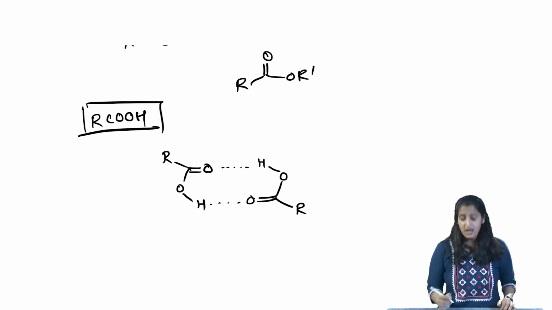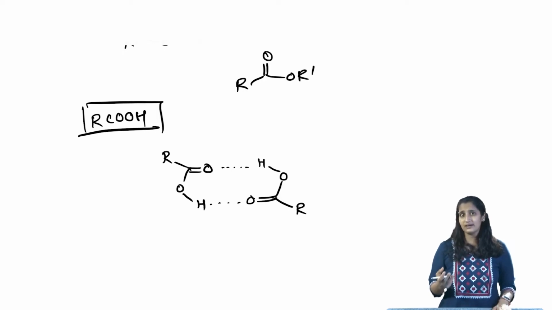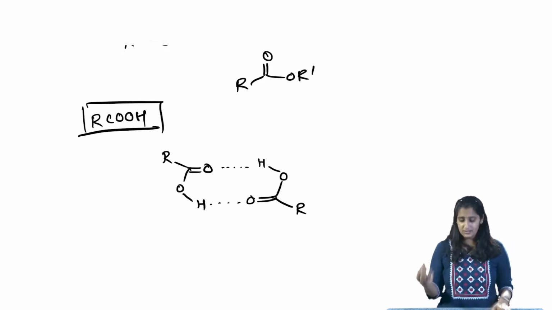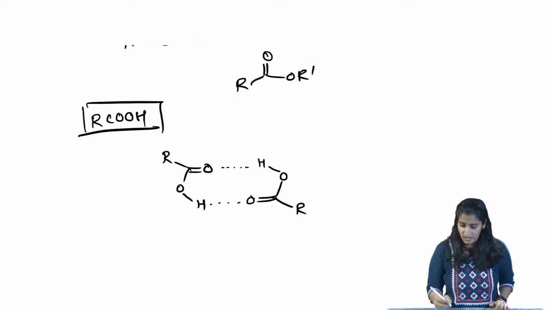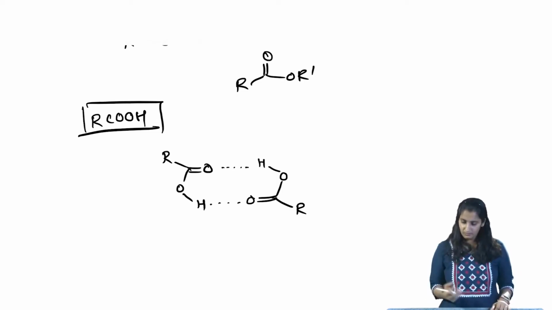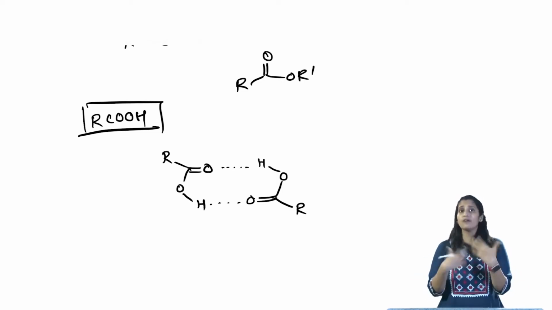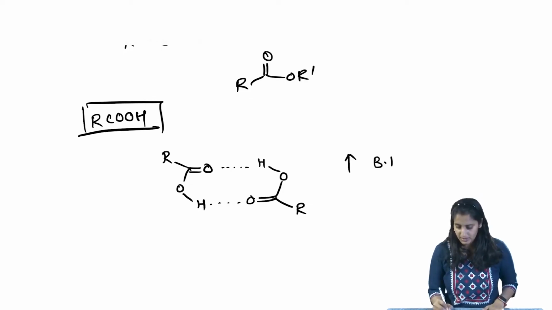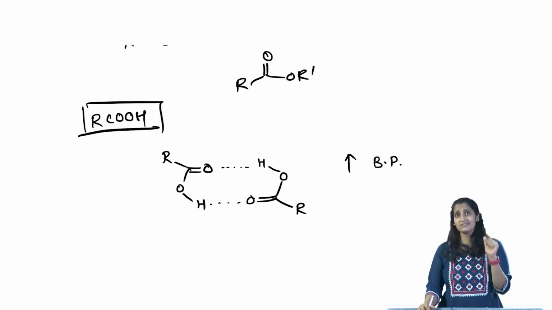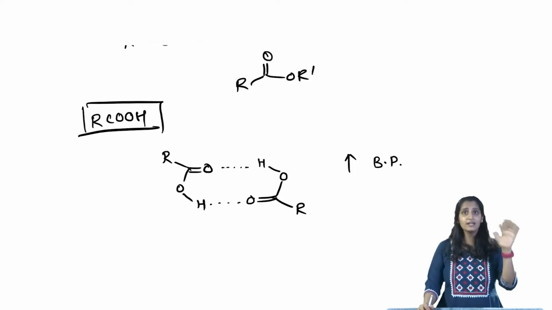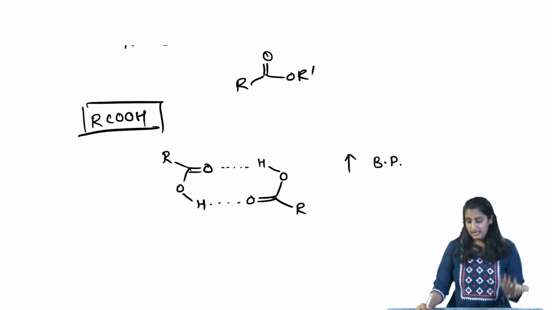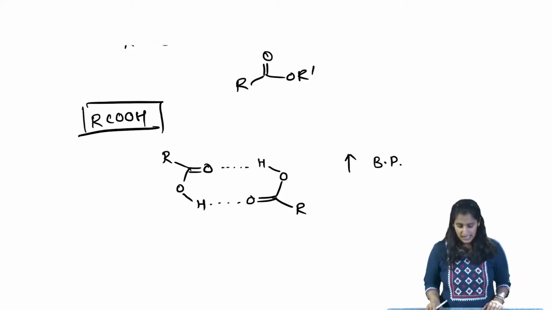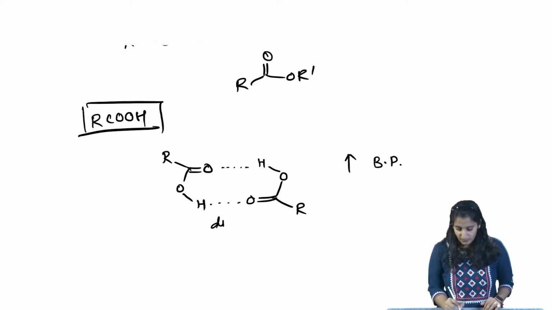So, this is approximately 10 kilocalories of linkage, and it is a powerful linkage when it comes to evaporating or boiling the molecule, and thus they have really high boiling points. So, most carboxylic acids will have boiling points in the range of 90 to 100 or even higher, and it is very difficult to boil off a carboxylic acid. Now, most of them will exist as dimers, as I said.